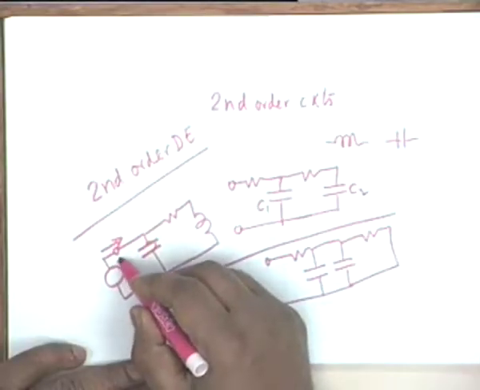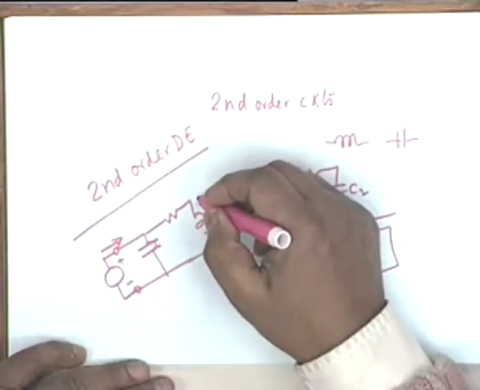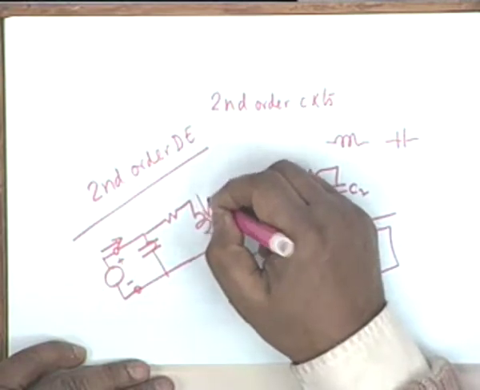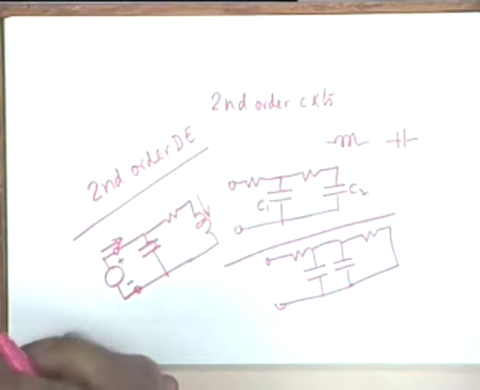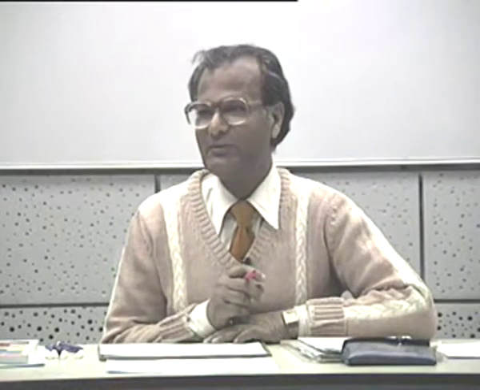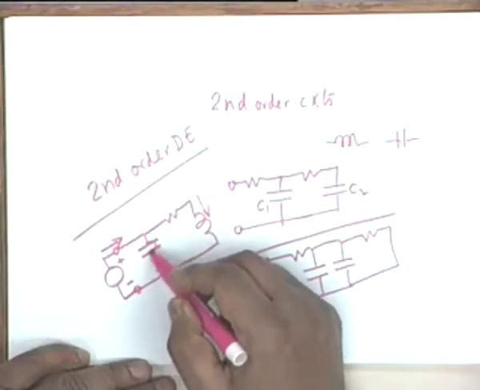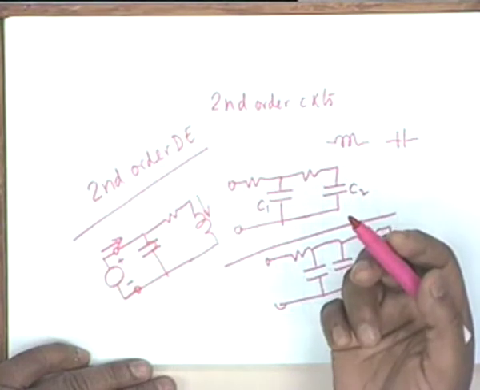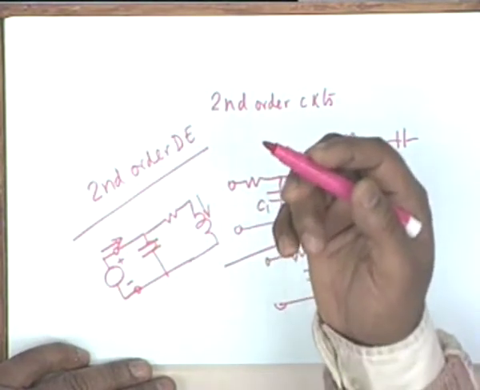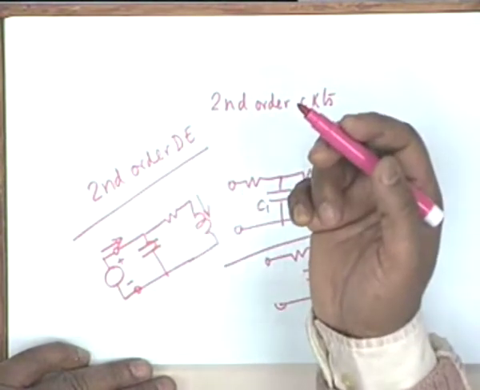If there is a voltage source here, all right, and you want to find out the current here, okay, in this circuit, then the response that you get essentially is that of a first order circuit. Why? Because for a voltage source, whatever you connect here, it doesn't matter.